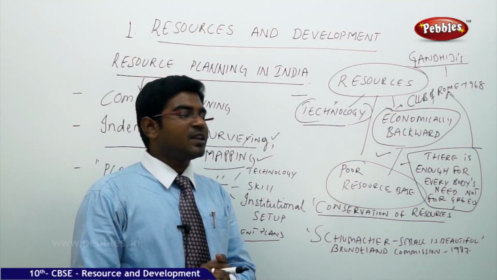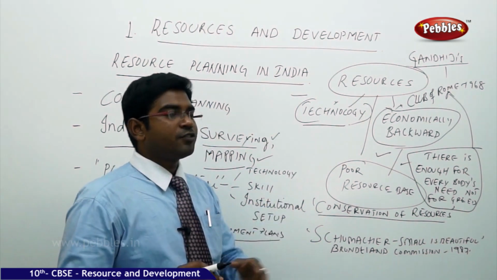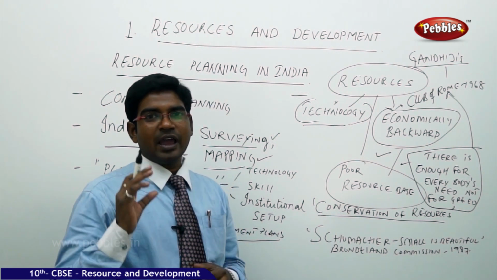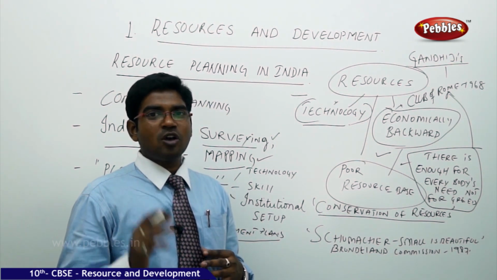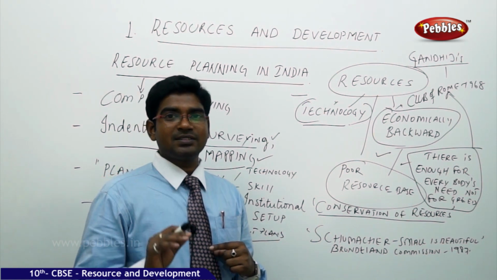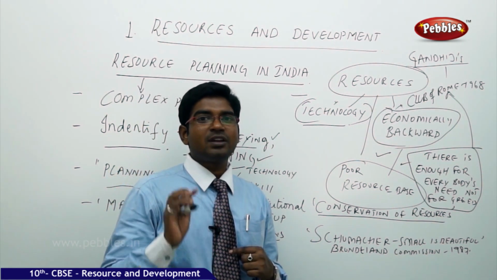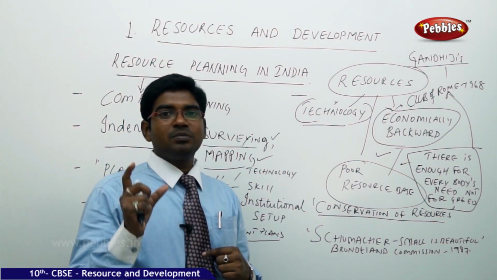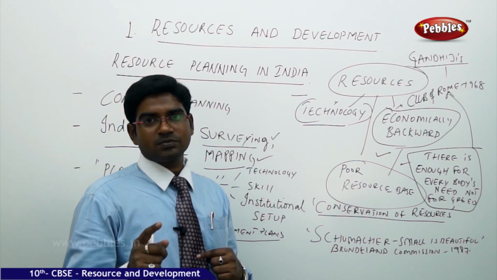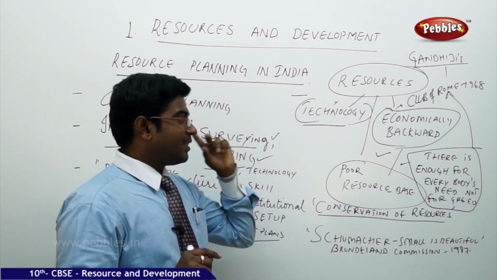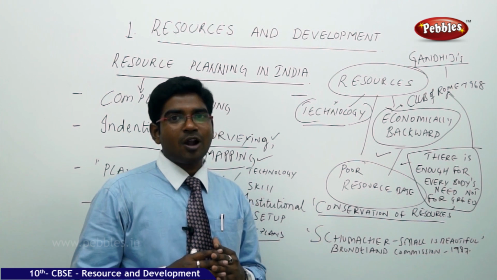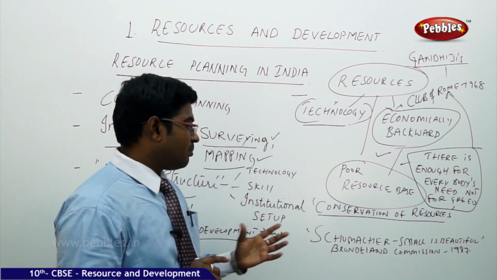For the first time in a systematic way, the Club of Rome in 1968 presented its ideology that now we need to concentrate on development, but at the same time we need to remember that we should not curb the rights of the future generations.